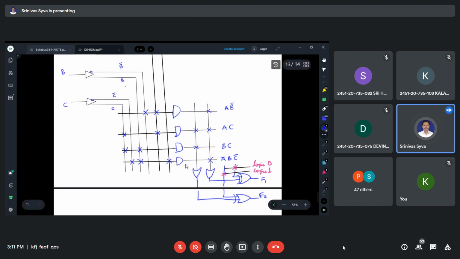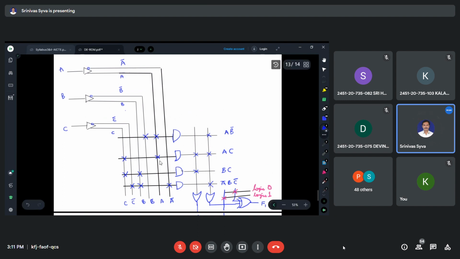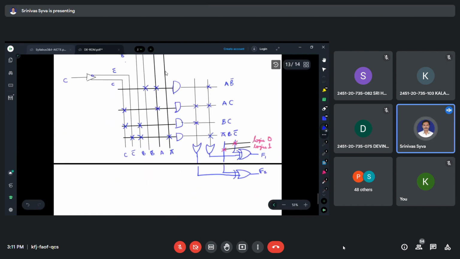So here, that means this variable is A bar, this is A, this is B bar, B, C bar, C. So like that it is there. Here the array of these 4 AND gates are programmable.